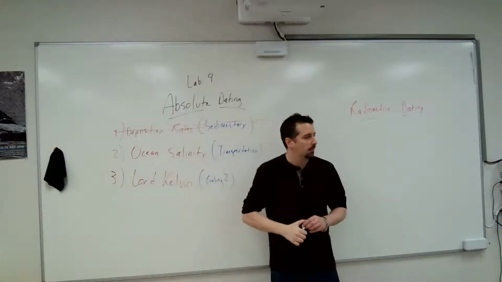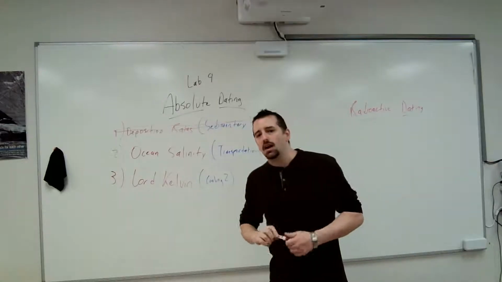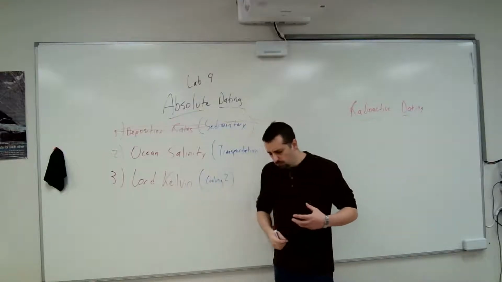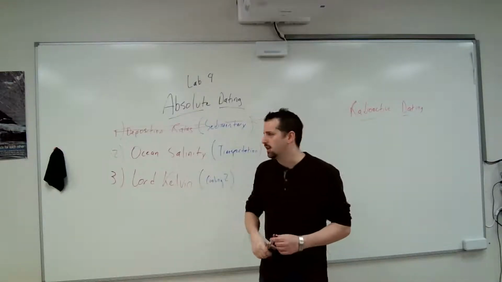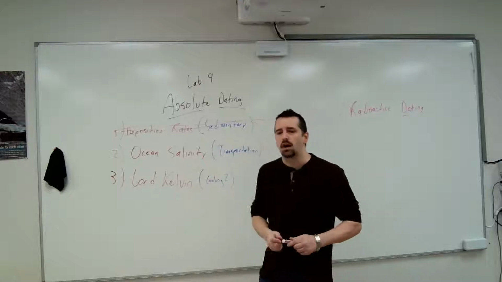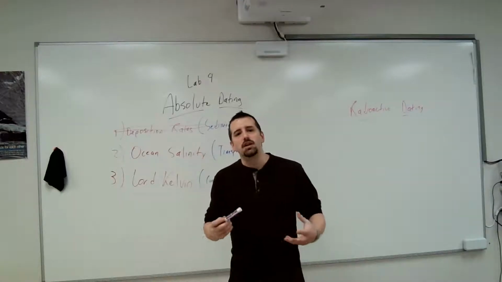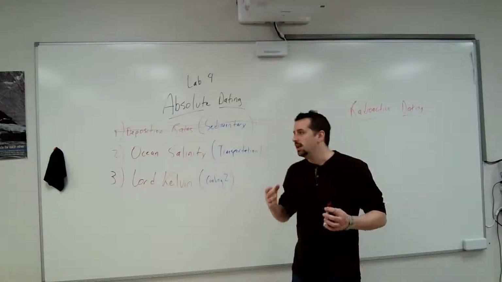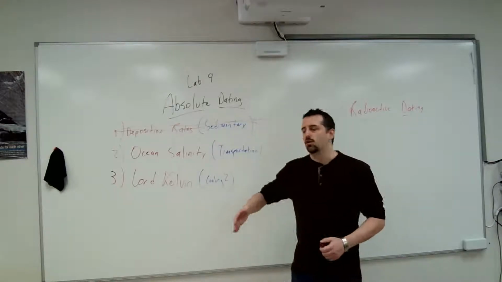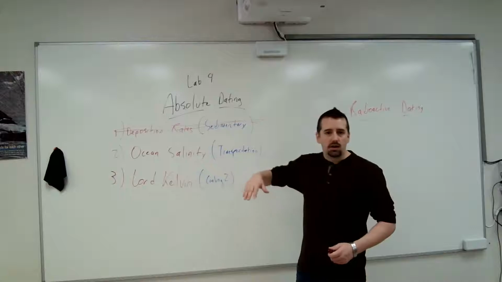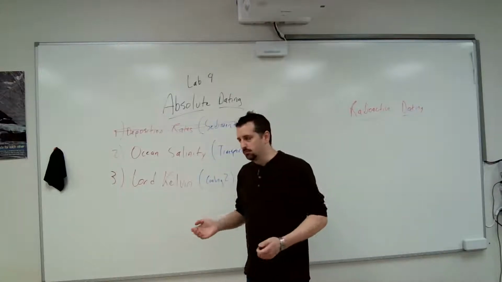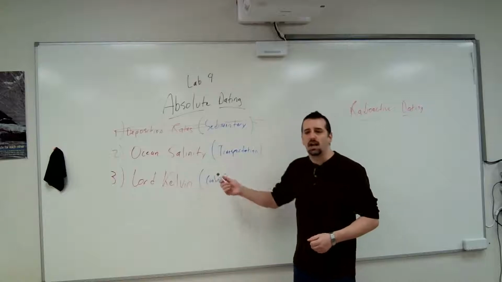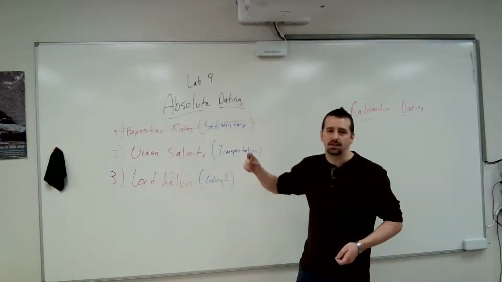Okay, so another way that we attempted to figure out certain ages of things. This one in particular, ocean salinity. We were trying to figure out the age of the oceans by figuring out just how much salinity, or salt material, was in ocean water. And this is where they talked about transportation. Again, remember, we're getting into a sedimentary process here.